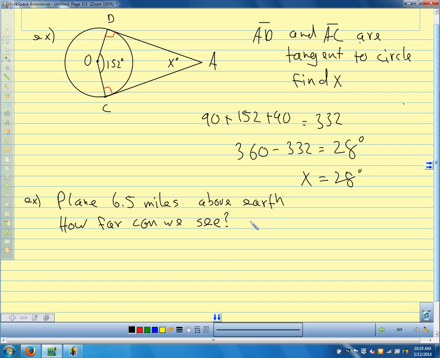So how far away is the horizon? That just asks the question two different ways. How far can we see? That's asking us how far is the horizon. And we're going to say the radius of the Earth is about 4,000 miles.